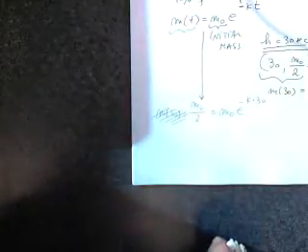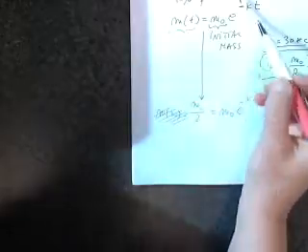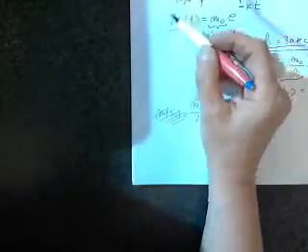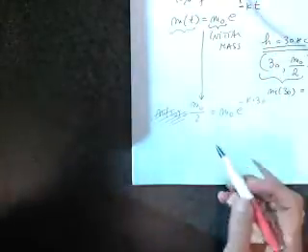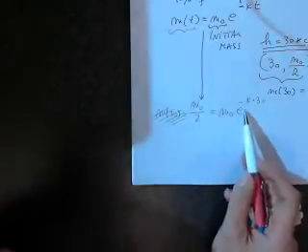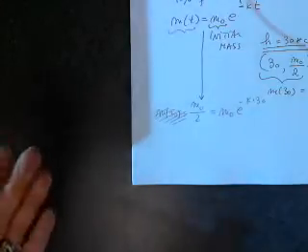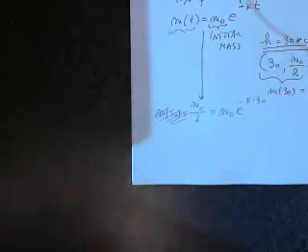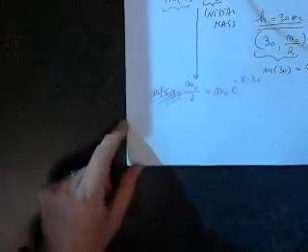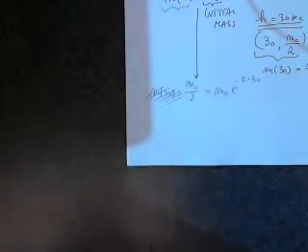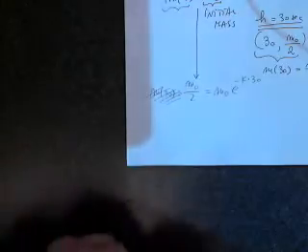Is this clear? So I have m0 over 2 equals m0 e to negative k times 30, or negative 30k. Of course, I have two variables, and I'm hoping that I can get rid of one of them very easily. How do I get rid of, and which one?